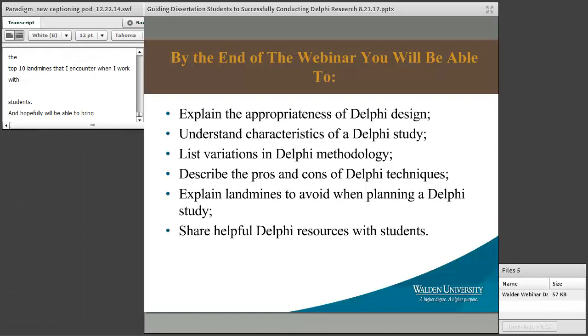By the end of the hour, I hope that each of you will be able to explain the appropriateness of a Delphi design, understand some of the basic characteristics of a Delphi study, and list the variations. There's no 2 Delphis that are ever alike, and all are correct if they're appropriately assembled and cited with methodological protocols. You'll also describe the pros and cons of the Delphi technique.